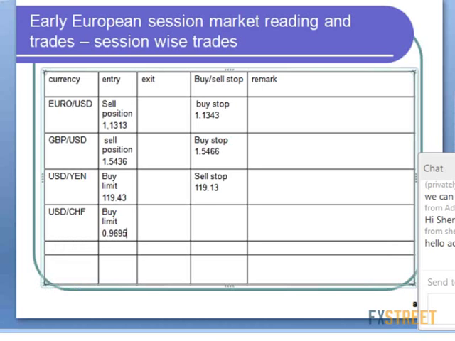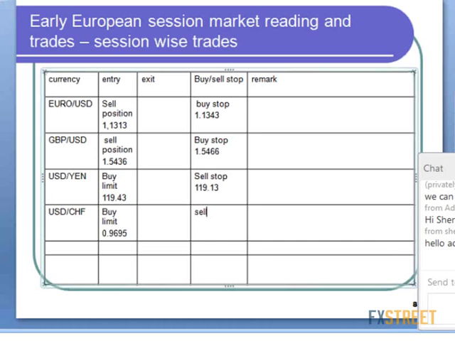I am just keeping an order 3 pips below the market, so that when they make a small swing, they'll be able to hit my buy limit. It's a fine tuning method, where I just fine tune my entry. Then keep a 30 pips hedge order below that.